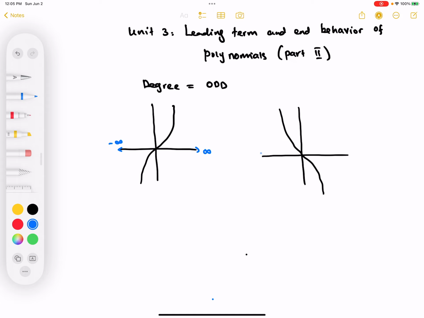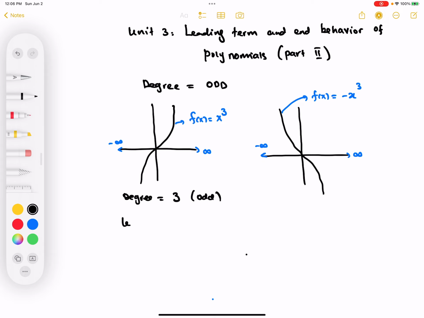Negative infinity to positive infinity. So this graph is f of x equals x cubed, remember? And this graph is f of x equals negative x cubed. Now look at the degree of this one is 3, which is odd, remember?